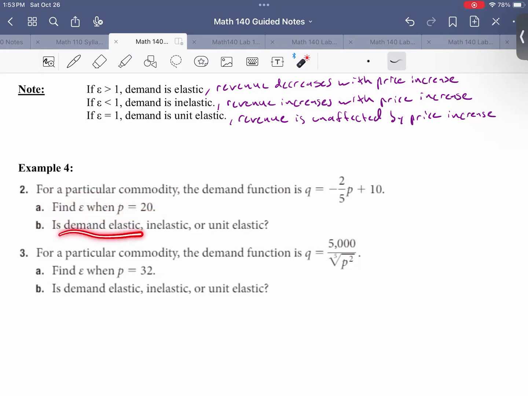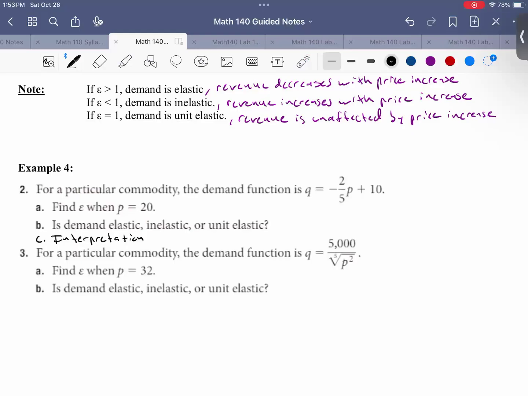You want to know, is the demand elastic, inelastic, or unit elastic? And one other thing I want to add into this, as a part C, is interpretation.